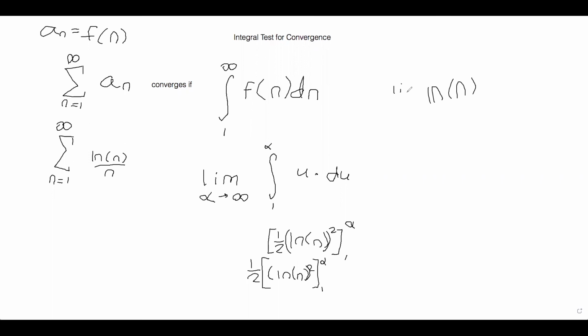We want to take a look at the end behavior: the limit as n approaches infinity of natural log of n. We can see that a natural log just increases without bound. It does not converge to a particular value. So if this thing diverges, then this is definitely going to diverge as well.